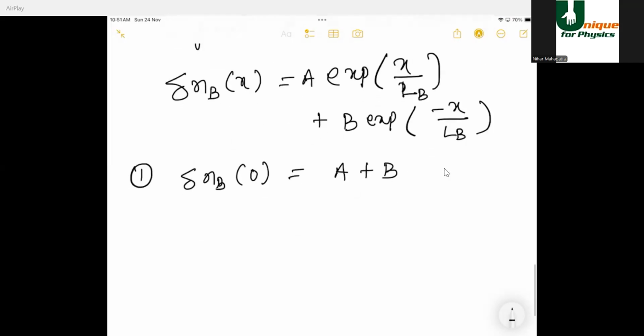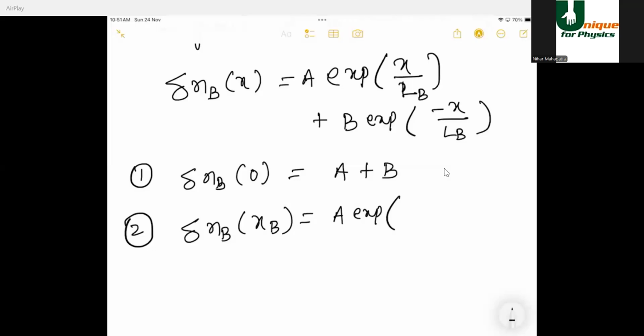The second one, x is equal to xb: we substitute in place of x the value xb, giving a e to the power xb upon LB plus b e to the power minus xb upon LB. So this is what we got.